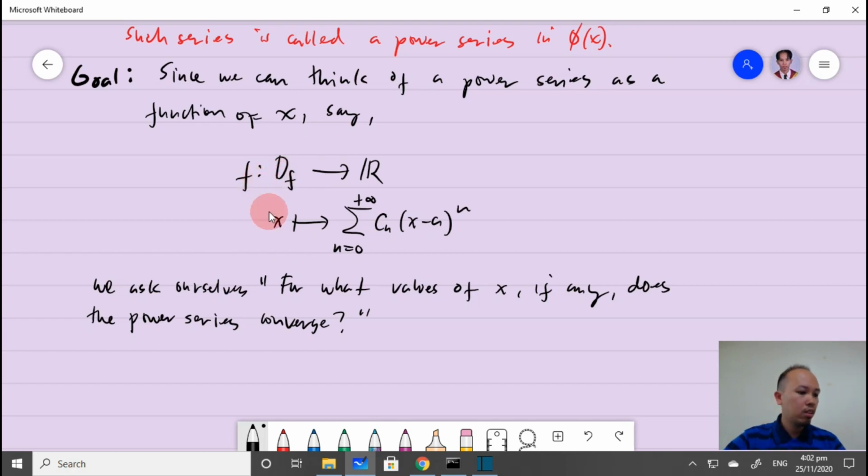So to find the domain, all you have to do is look at the theorem above and understand the theorem.